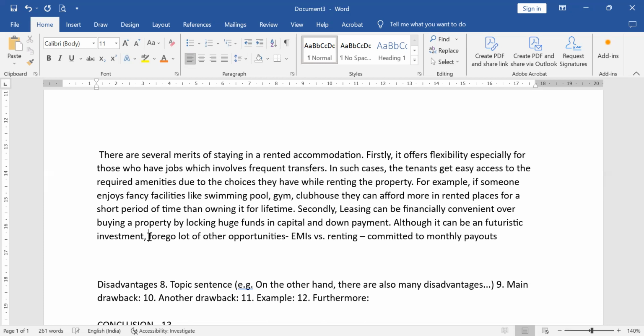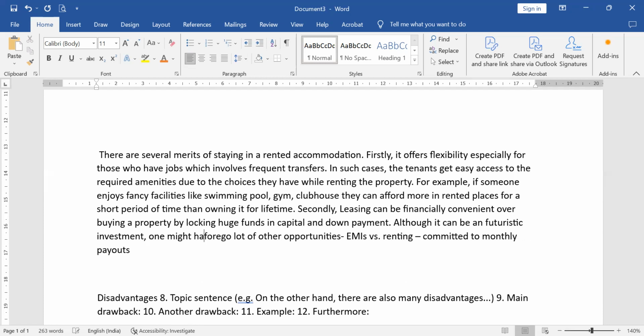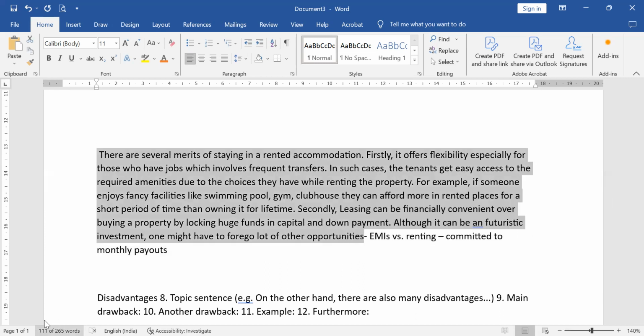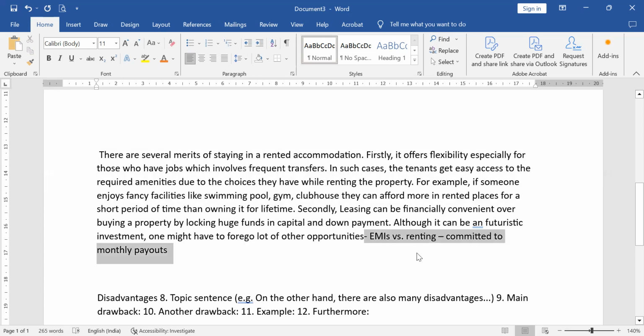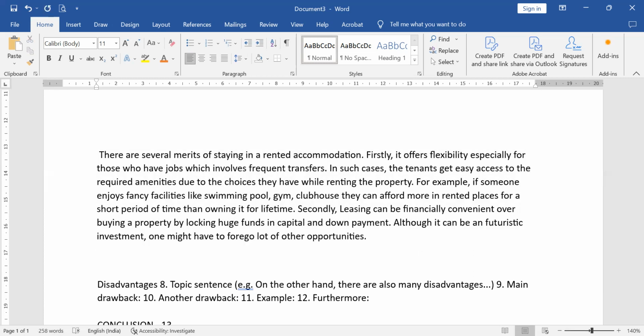Once locking funds is over, one might have to forego a lot of other opportunities. I'm just thinking, should I really write? I've written already enough. How many hundred words have I already crossed? So don't stretch it further. If this sounds like a completed one, just close this.